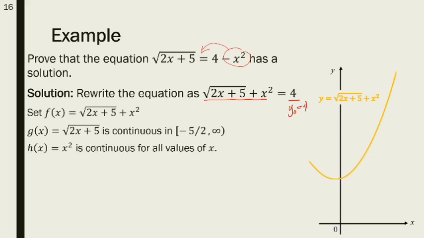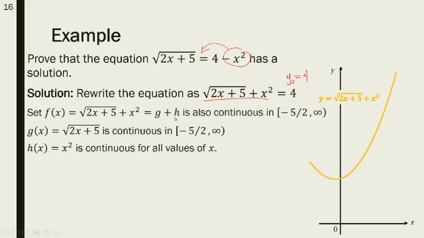And h of x, which is x squared, is continuous for all values of x. Now, f of x, the sum of g and h, is also continuous on the half-open interval negative 5 over 2 up to positive infinity.